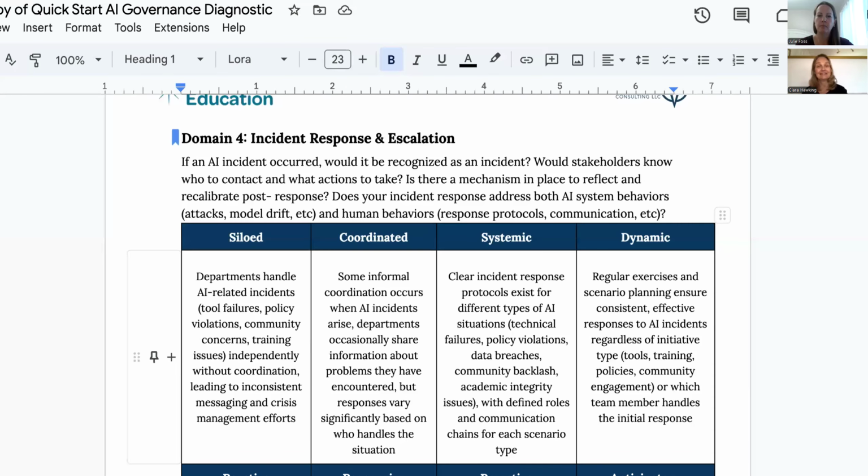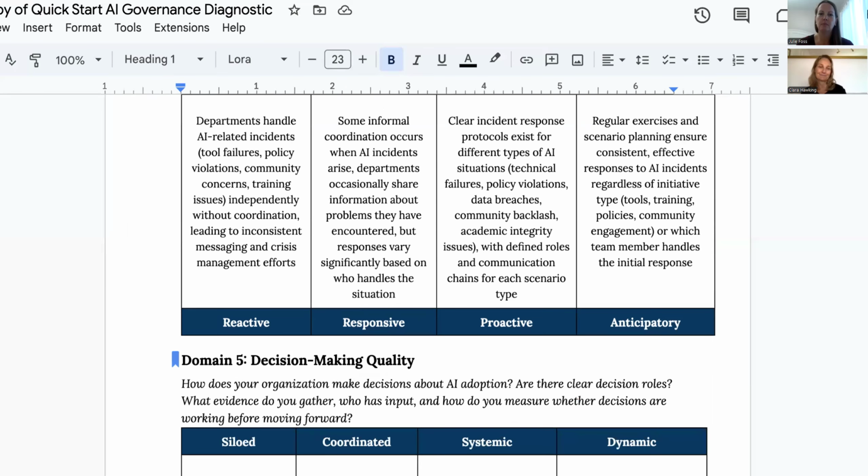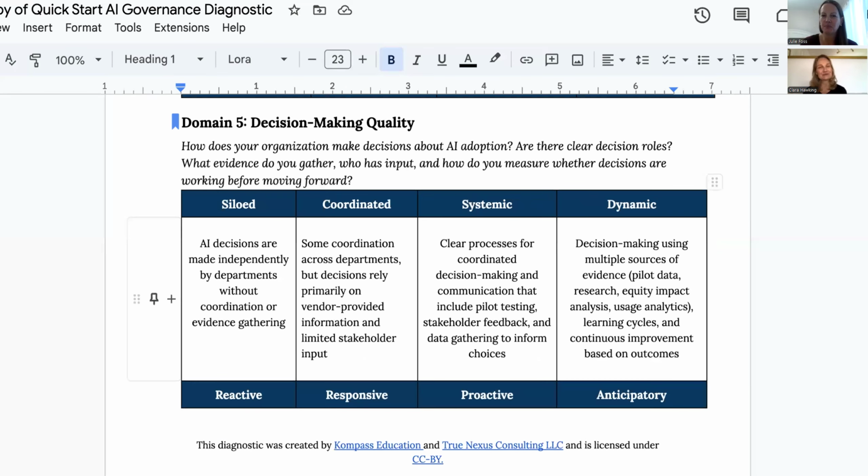And again, here it moves from siloed, to coordinated, to systemic, with dynamics and questions to prompt your reflection on where you are now in your journey and what needs to take place in your school in order to move towards a more dynamic and anticipatory culture. And then, Julie, I don't know if maybe you will go through some of the other domains that we have here.